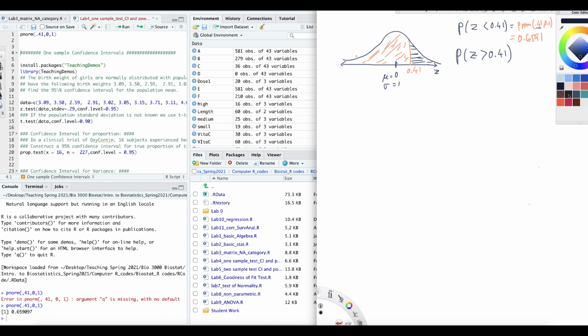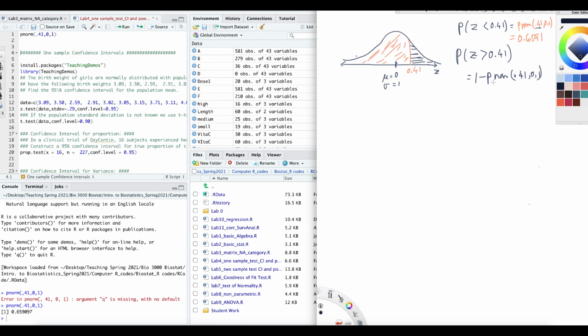So if you want the right area, you can do 1 minus pnorm, the area left of 0.41. So 1 minus pnorm of 0.41, 0, 1.